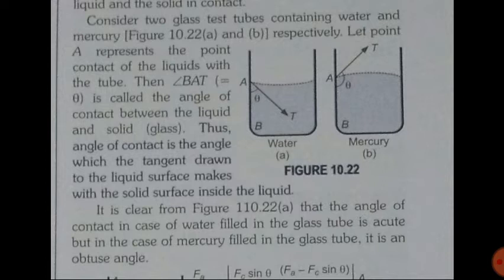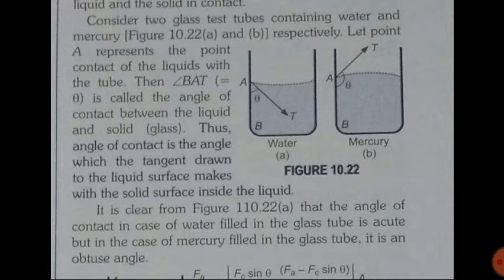Now in case of mercury, see, mercury is a very dense liquid. The force of attraction among the molecules of mercury is very high, so the cohesive force for mercury is very high.